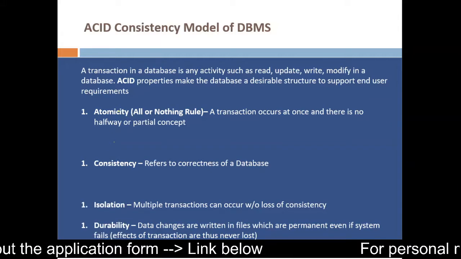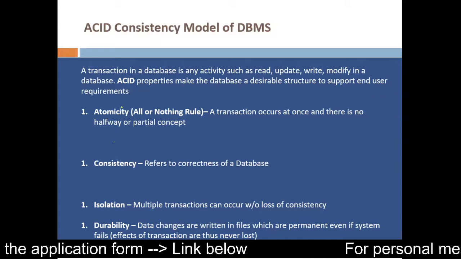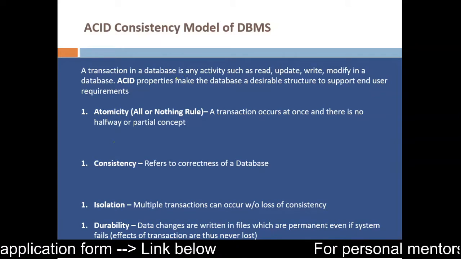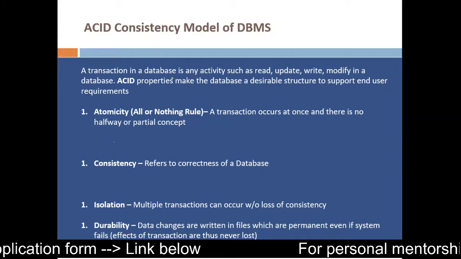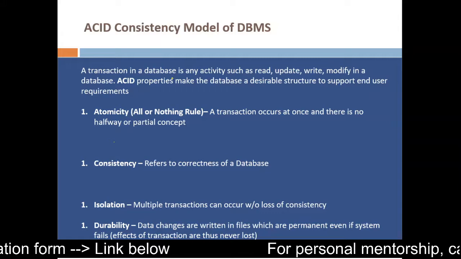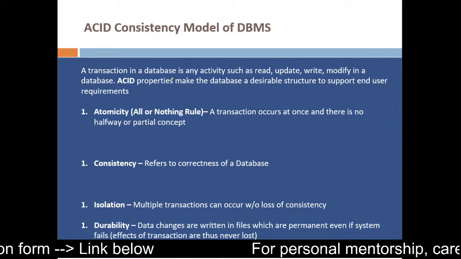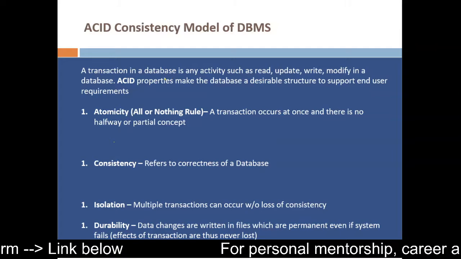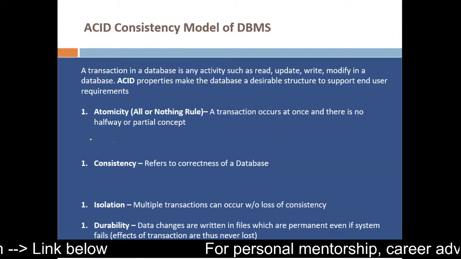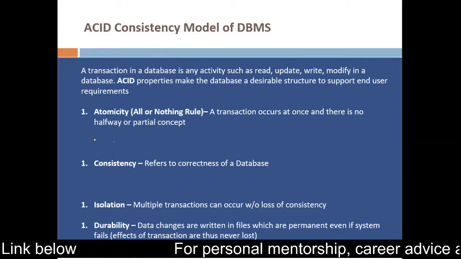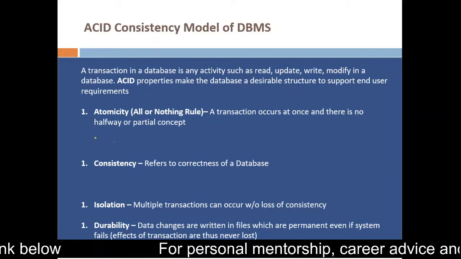Now, ACID properties are what make the database a desirable structure to support end user requirements, and this is an important piece of understanding to figure out how the RDBMS structure guarantees that the data stored inside it is considered to be good.